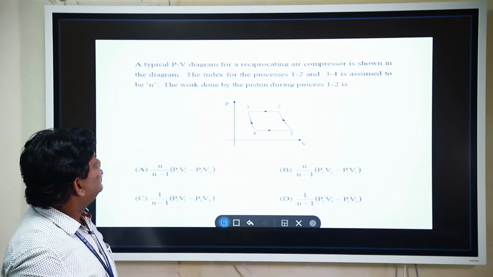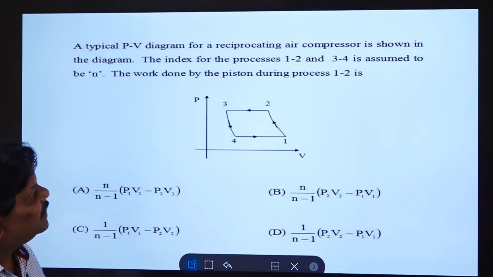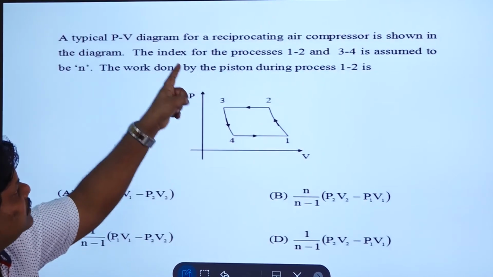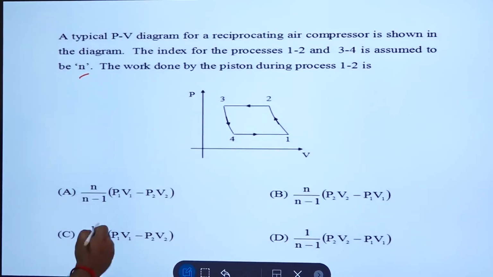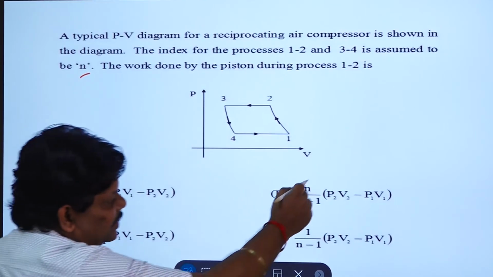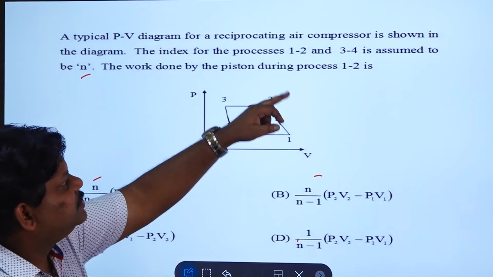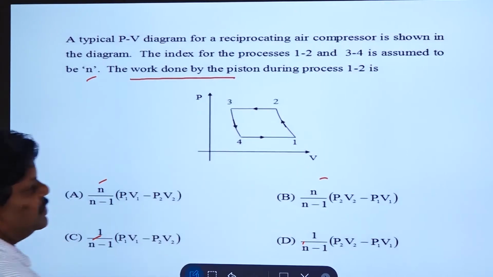The next one: a typical PV diagram for a reciprocating air compressor is shown in this diagram. The index for the process is assumed to be n, so in all the processes you have n. Then the work done by the piston during the process has to be given.